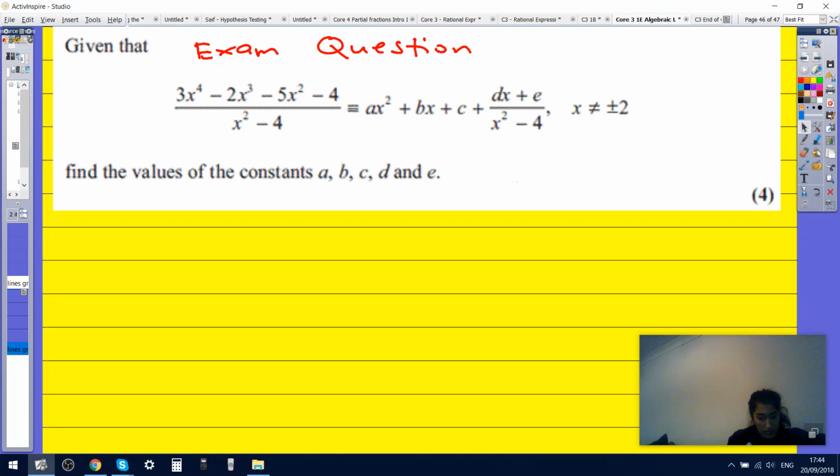To do 0, yeah, should make it easier. Okay, so 3x to the power of 4 divided by x squared gives you 3x squared.